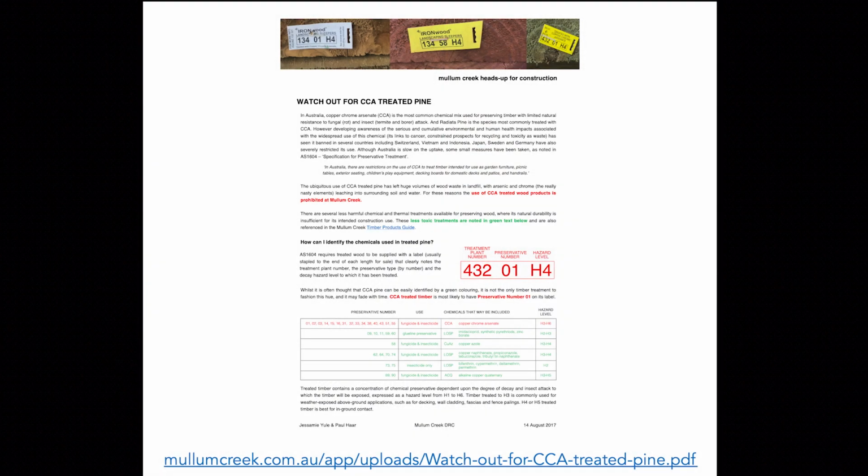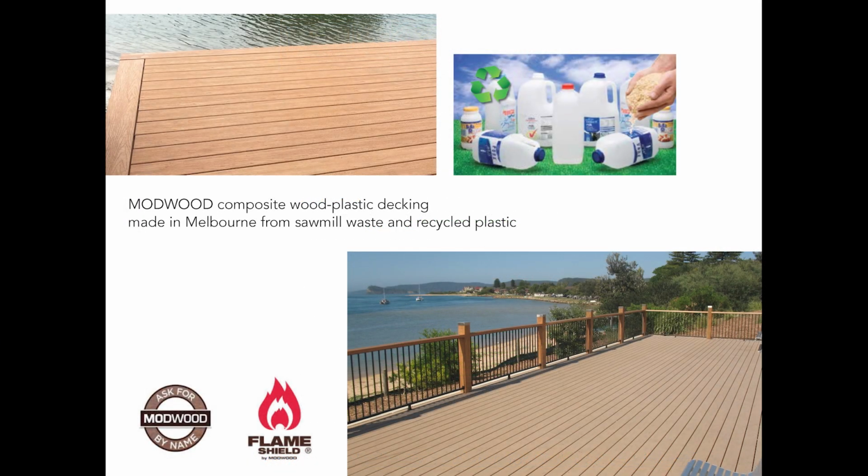This Mullum Creek info sheet will help you to work out what all the numbers on those little tags on the treated pine mean in terms of chemical toxicity. So copper chrome arsenate, or CCA, is obviously the treatment you want to avoid. If your clients are comfortable with composite wood plastic decking, Modwood is manufactured in Melbourne from local plantation pine sawmill waste and recycled PVC milk bottles.